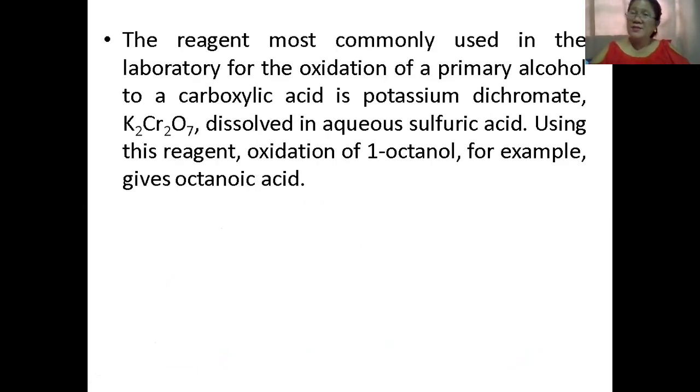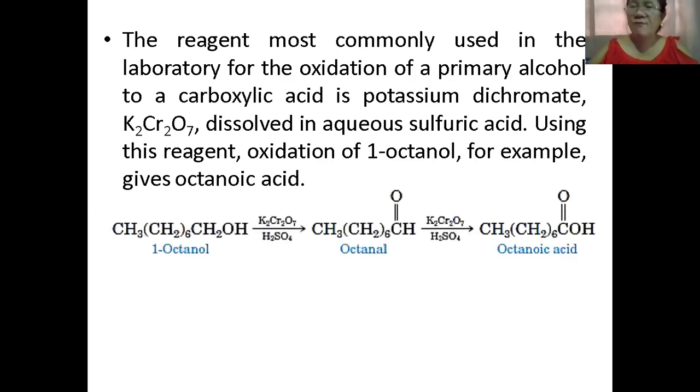So, what is the common reagent? It is potassium dichromate, K2Cr2O7. Of course, this should be dissolved in sulfuric acid. For instance, we have here 1-octanol, added with potassium dichromate and sulfuric acid. What will happen? You will form an aldehyde first. Where is it? This OH here.